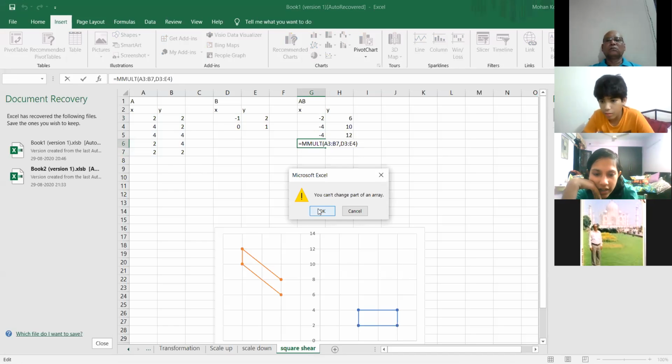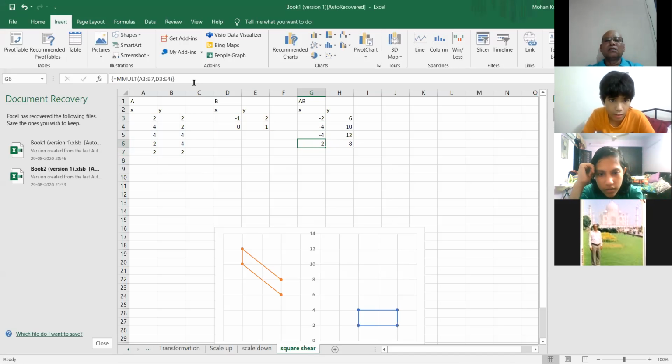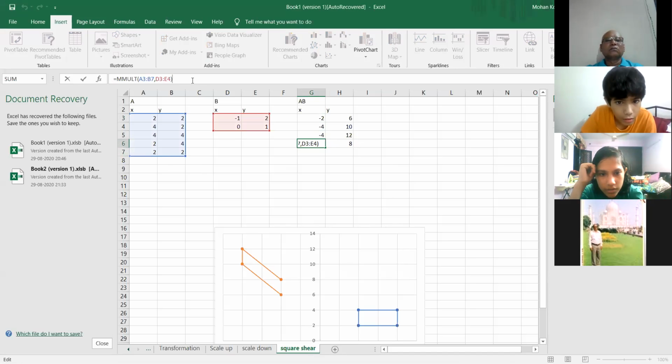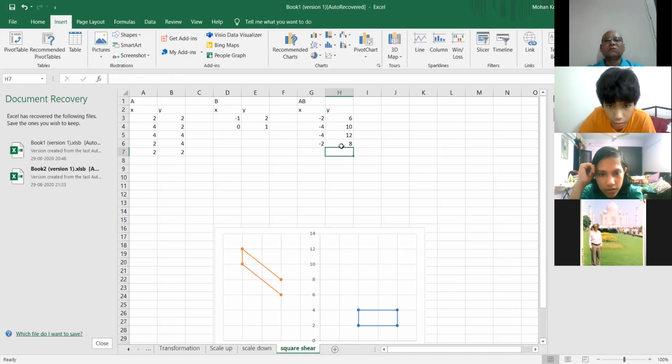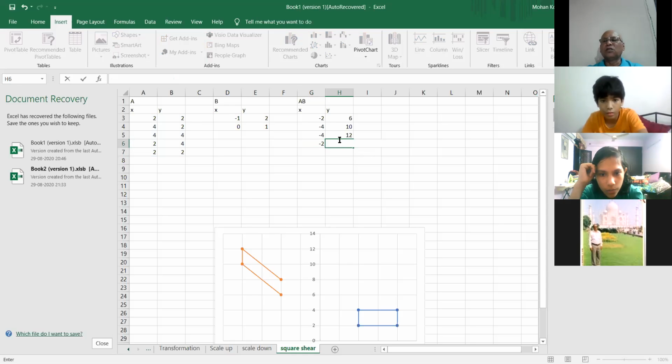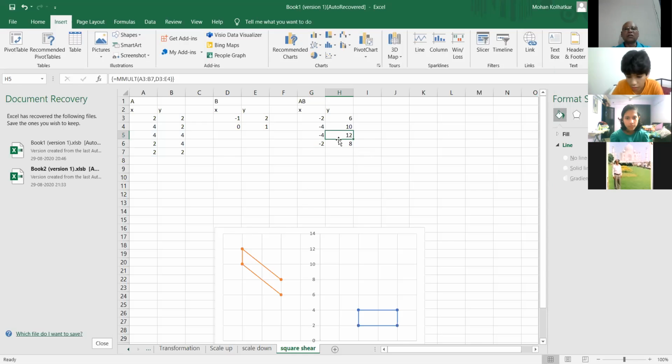I think you have made an error here. You are doing it individually like that? Remove all the data and do it from scratch, the XY data. You select all the data and then it will allow.